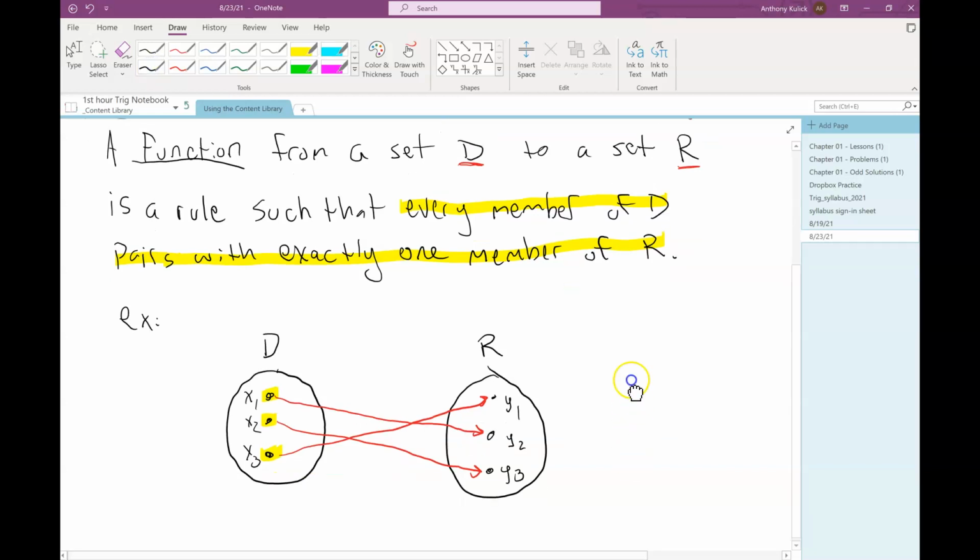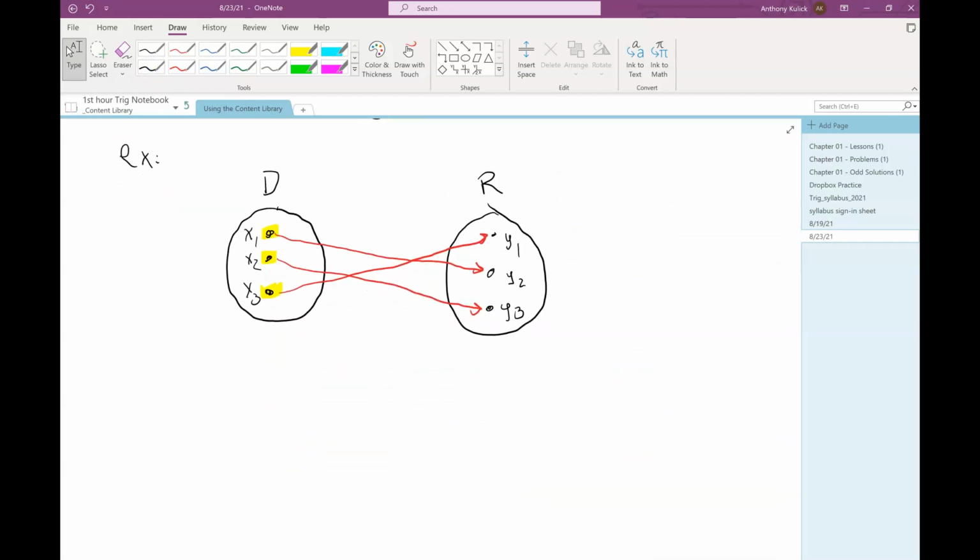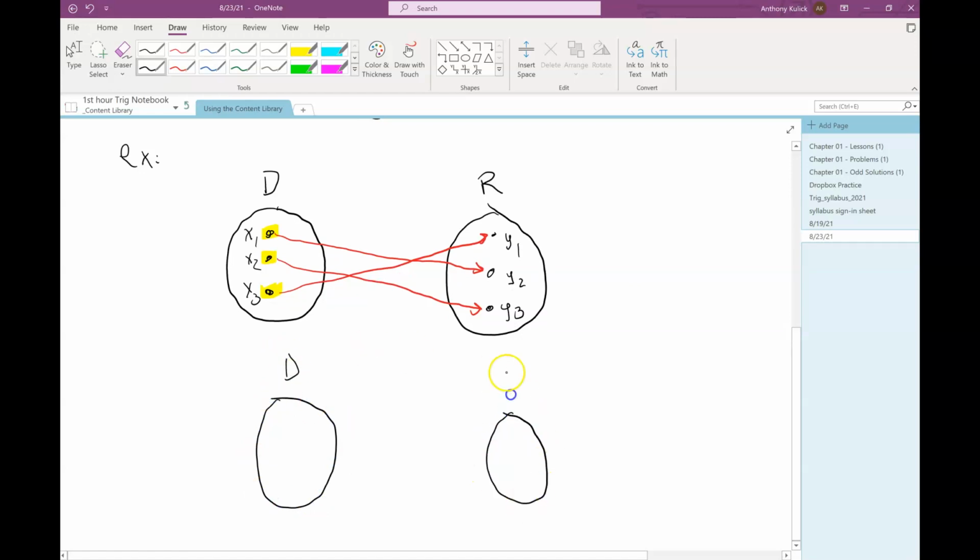So let's look at another one. Again, we'll just draw our generic domain and our generic range here.